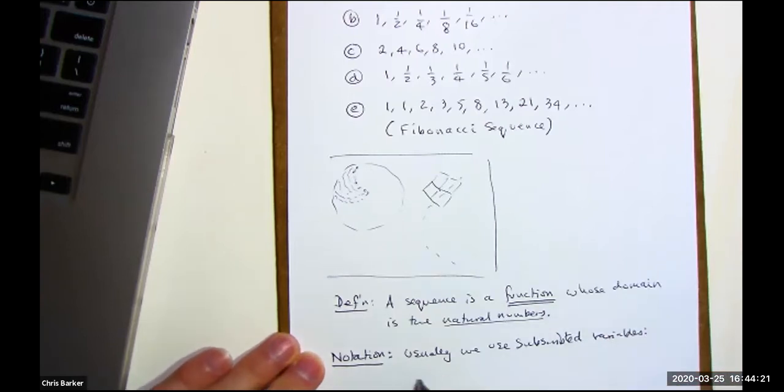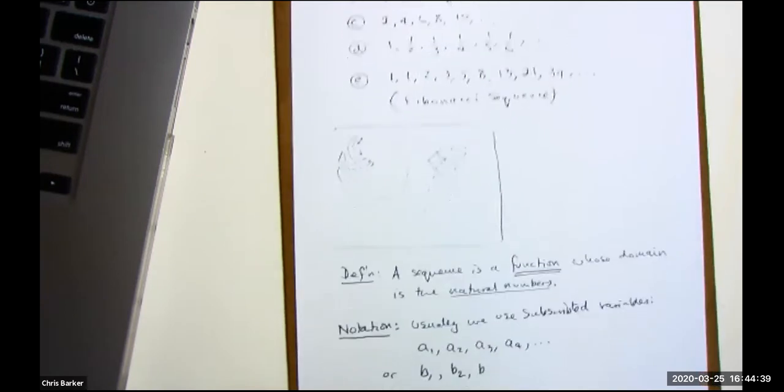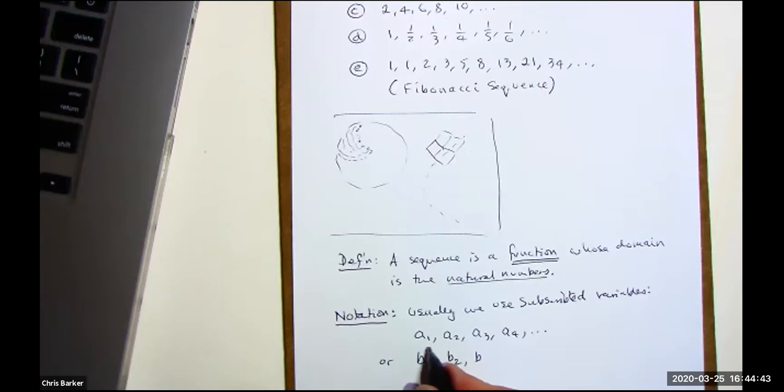A sequence would be thought of as being like a sub 1, a sub 2, a sub 3, a sub 4, etc. Or if you had two sequences and you want to talk about them both, you might refer to the second sequence as b. Like with regular functions, we talk about function f and function g. Here we're talking about sequences with a subscript and b subscript, etc.